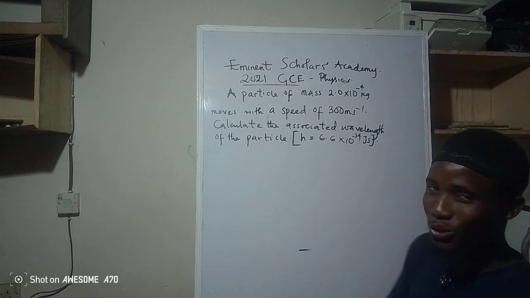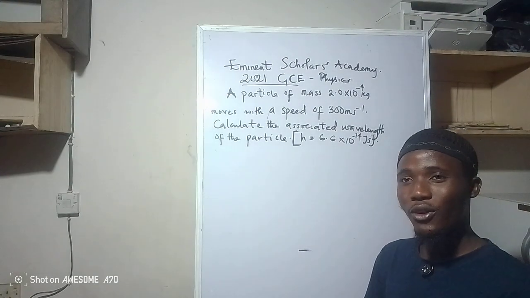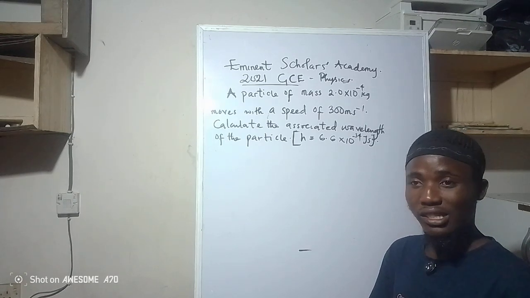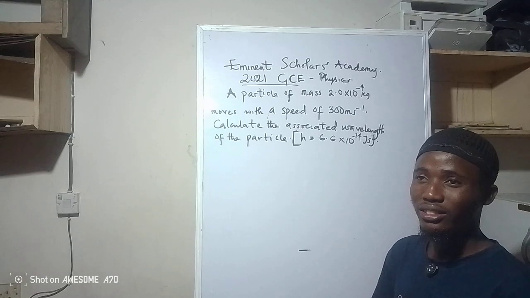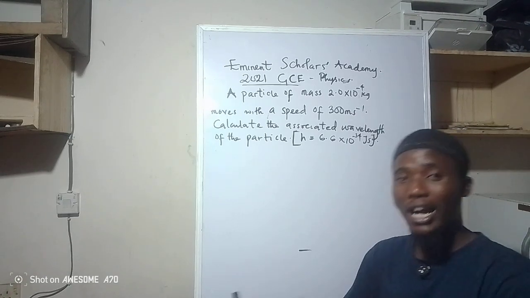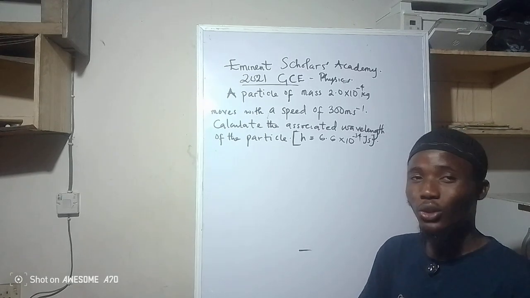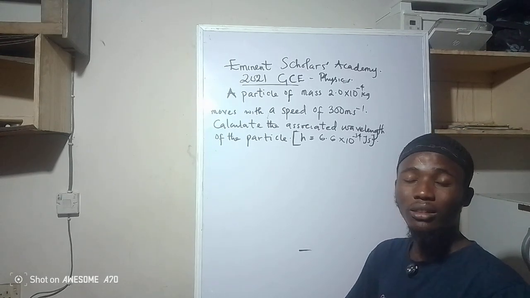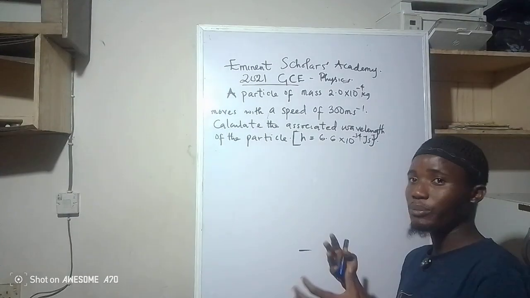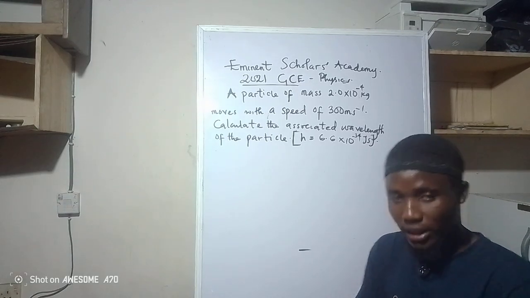Which formula are we going to use to solve this particular GCE question? In 1924, the French theoretical physicist Louis de Broglie gave a hypothesis which we call the de Broglie hypothesis. The de Broglie hypothesis is basically about the duality nature of matter: matter having wave-like properties and particle-like properties.